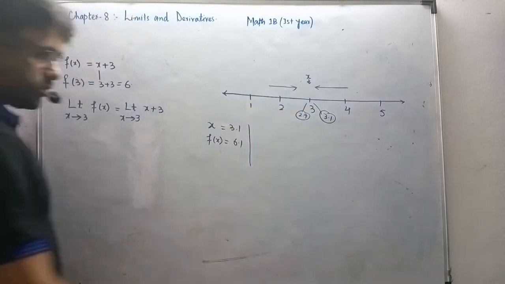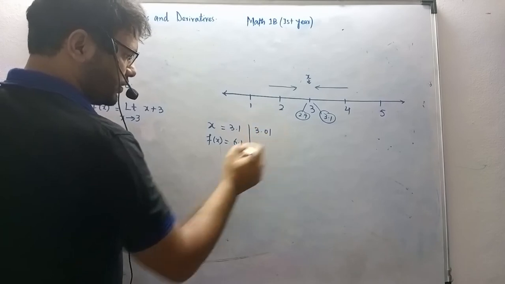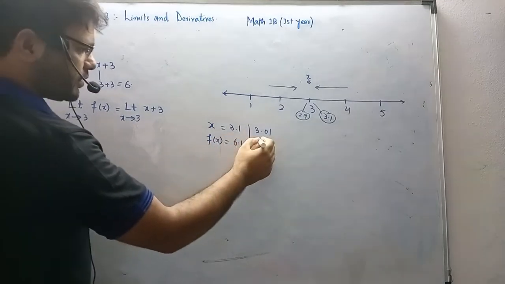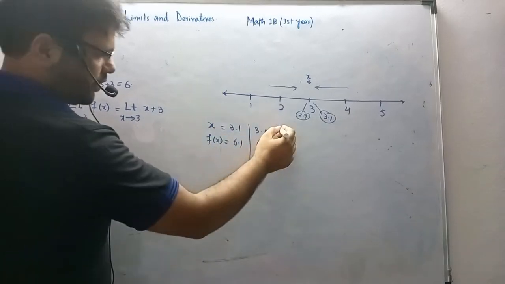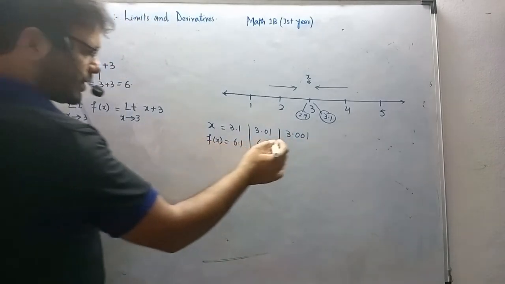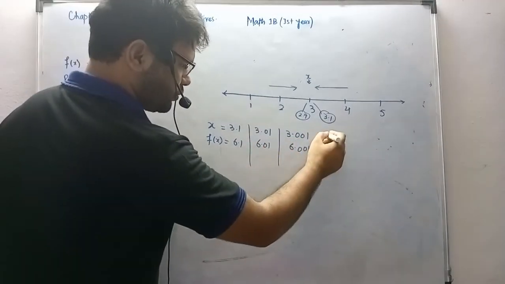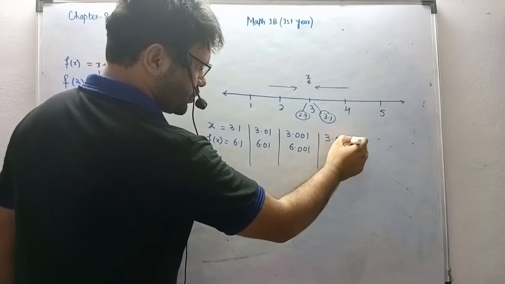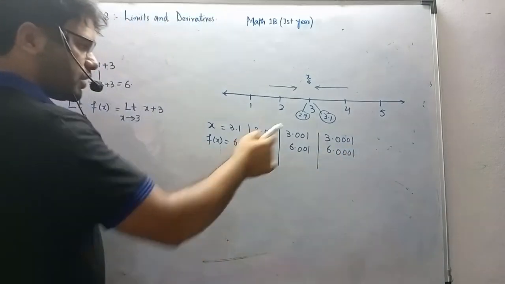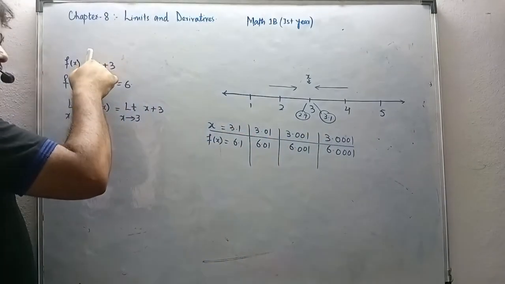When it comes closer, but not exactly 3, that is 3.01, I will get the value of f(x) as 6.01. For 3.001, the value of f(x) I will get is 6.001. Coming even closer, 3.0001, I will get 6.0001, because I am substituting the value of x in this function.